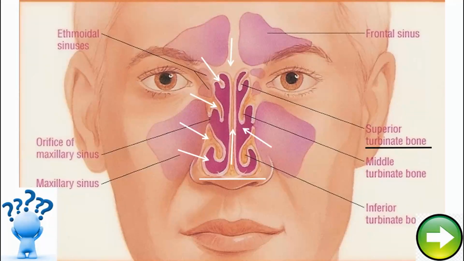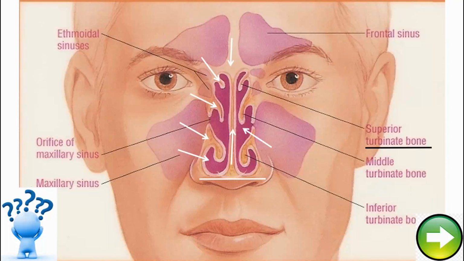Turbinate bones, the three of them, they have another name. What is this another name? It is the concha as a singular and conchae as plural. Underneath each turbinate bone there is a space.